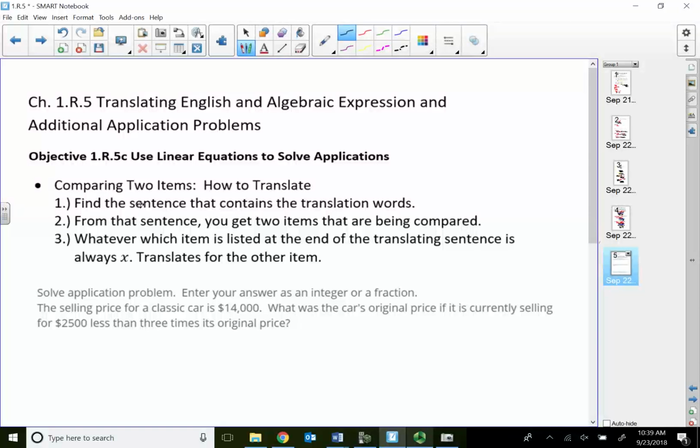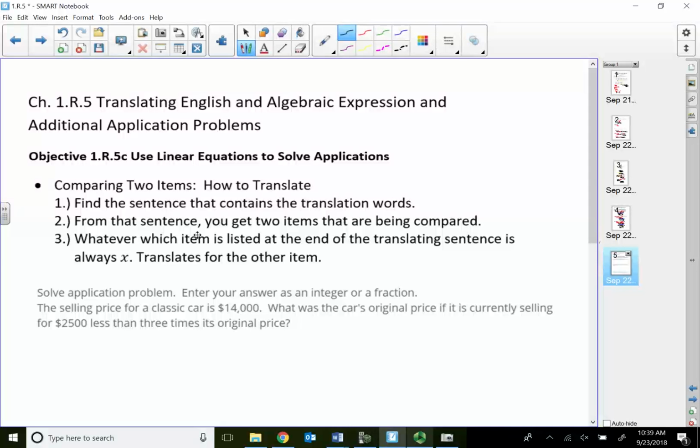Okay, so if I only need to compare between two items, the very first thing we do is find the sentence that contains the translation words. Rather than saying, think about what it says, what we're going to learn here is how to find the sentence that contains the translation words.